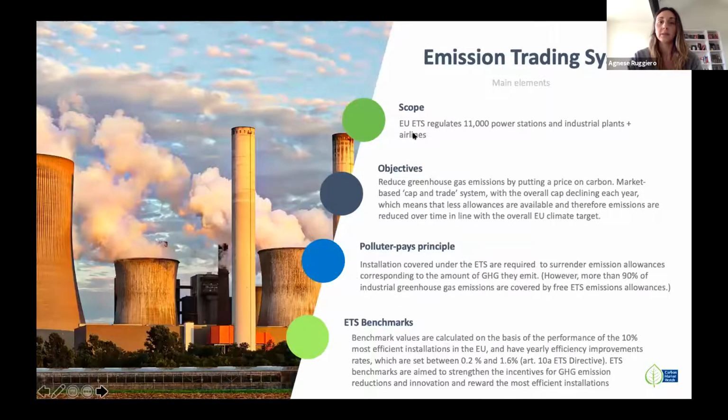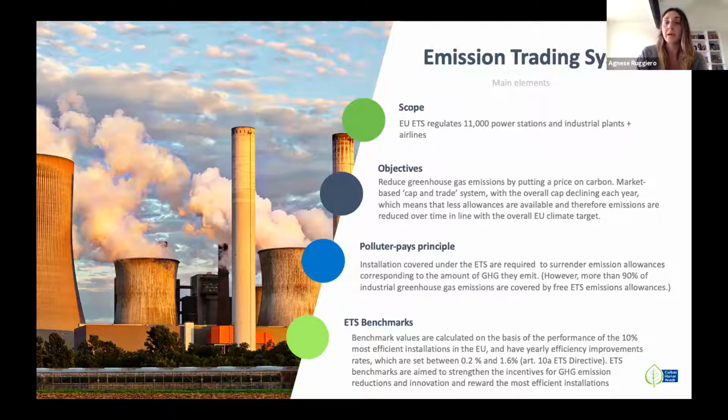Now, the emission trading system, I know some of you are familiar with this directive, also looks at industrial pollution, although only greenhouse gas emissions. It regulates only 11,000 power stations and industrial plants, plus the airlines. The objective behind the emission trading system is to reduce greenhouse gas emissions by putting a price on carbon.